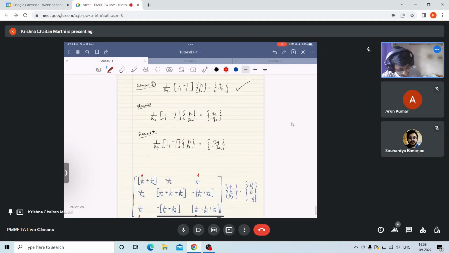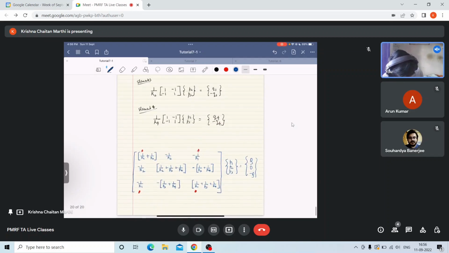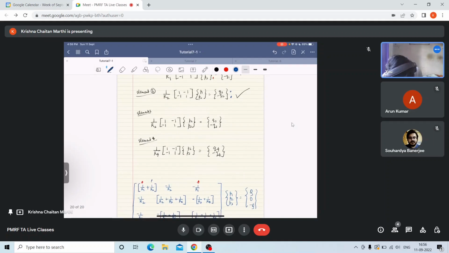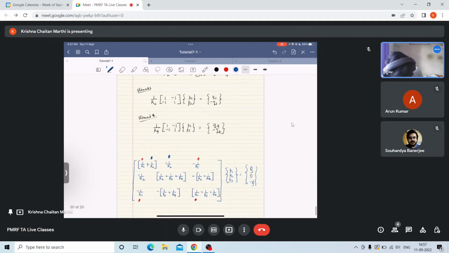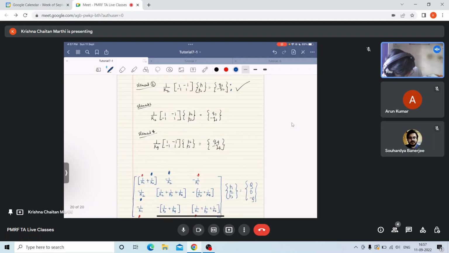For element 2, let us represent it like this. I have 1 by r2 p1, minus 1 by r2 p2, so that will be this term, and minus 1 by r2 p1, and plus 1 by r2 p2.